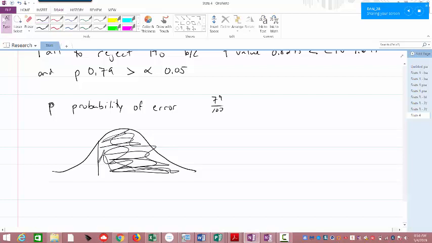When you draw, it's colored in kind of like that. Okay, when you have a shaded graph, you fail to reject your null.